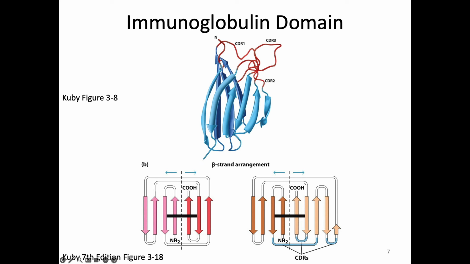So if I go back to my immunoglobulin domain, you can see it up at the top. It's got 3 loops that were holding it together. Those 3 loops on these immunoglobulin domains are actually what are making the physical contact.